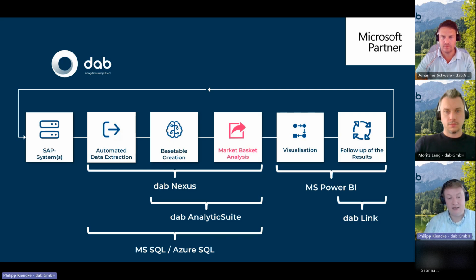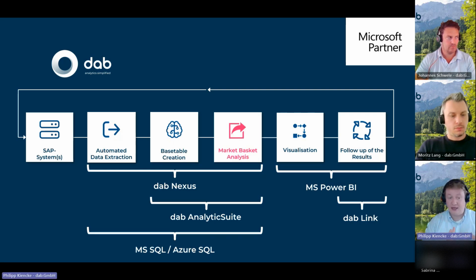So it is certified by SAP. It is an own developed function module which communicates between our data extraction engine, DAB Nexus, and your SAP system. And with that, we take the data we need to create the baseline for that analytic.